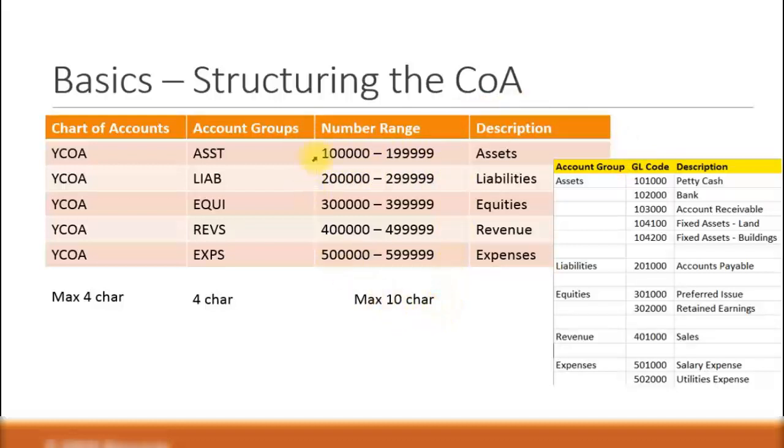Now the maximum characters you can use in a number range is 10. If you are a small organization and you do not have many GL accounts, you can just use 4 digits. I prefer to use a 6-digit format for a medium to large organization, because it's not too long to remember like 10 digits and not too short, which might not be flexible in the future.